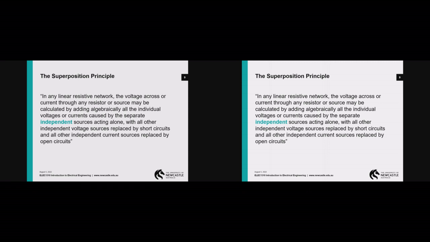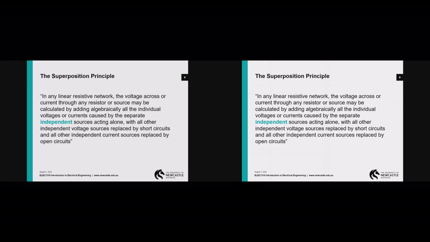Essentially we stated the superposition principle, which says in any linear resistive network, the voltage across or the current through any resistor or source may be calculated by adding algebraically all the individual voltages or currents caused by the separate independent sources acting alone, with the other independent sources replaced by short circuits, independent voltage sources replaced by short circuits, and the independent current sources replaced by open circuits.